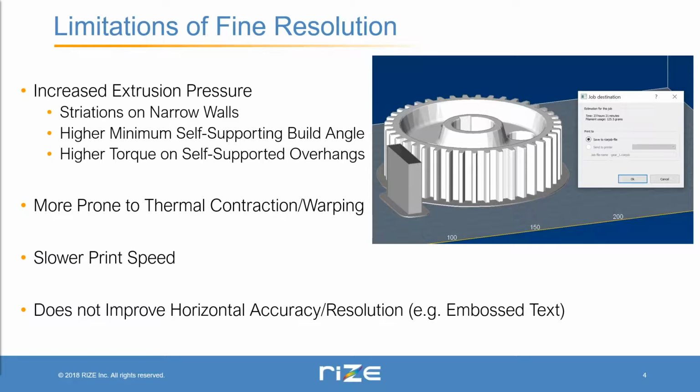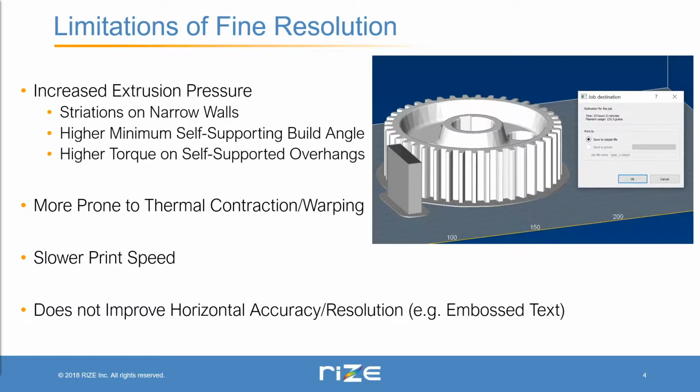So another thing that extrusion pressure can affect is the self-supporting build angle. So if you have a part that's building with a sort of overhang, but with a self-supporting build angle, then typically you can build at approximately 45 degrees with no trouble.